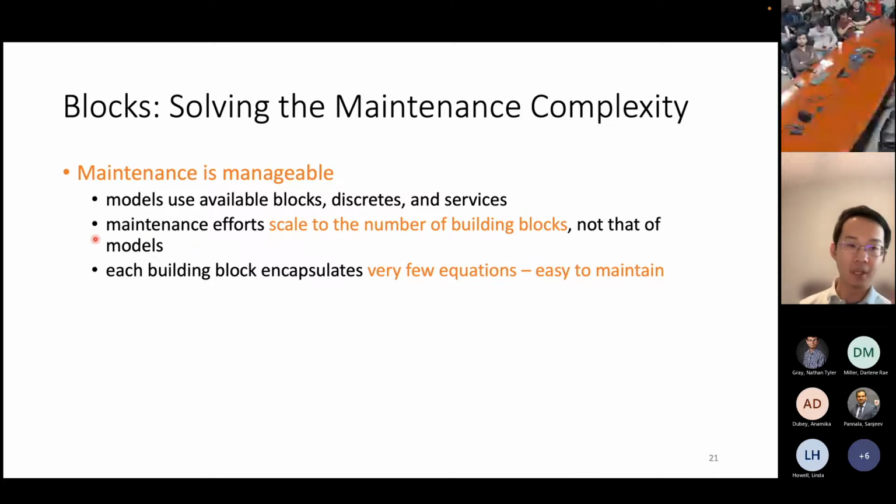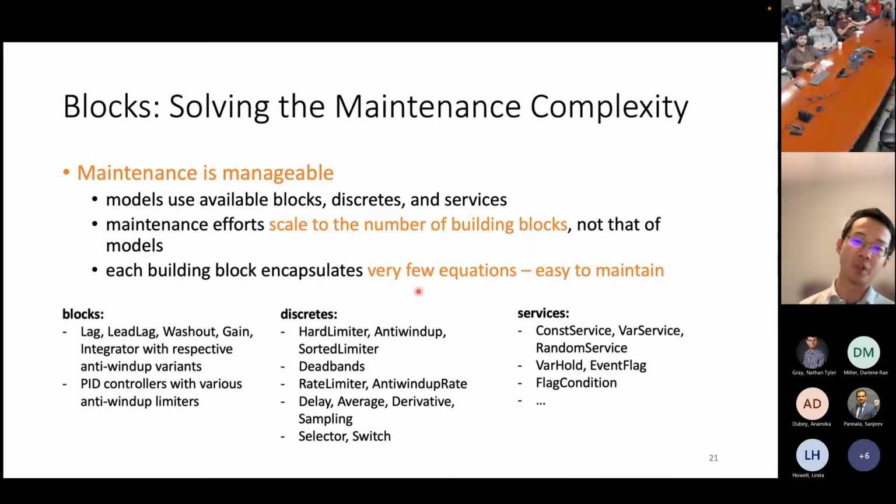So now the key is that maintenance efforts now scale to the number of building blocks, not that of the models. Even if we have hundreds of models, they still utilize the dozens of building blocks. And each building block encapsulates very few equations. These can be easily maintained.